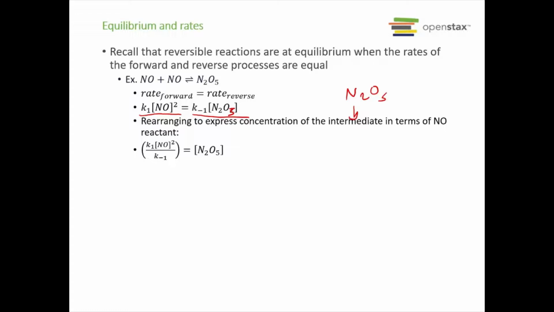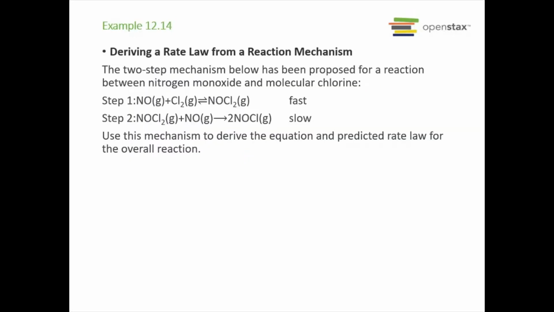The constants are fine to leave. So when we do that, we divide both sides by k minus 1, and we get that the concentration of N2O5 is equal to k1 times NO2 squared over k reverse. And that is not a negative k, it's just saying the k for the reverse reaction. I know that doesn't make much sense, so we're going to actually look at an example and hopefully this will help.